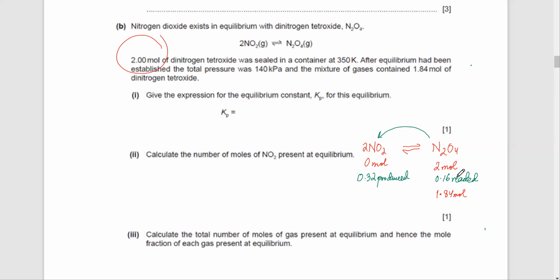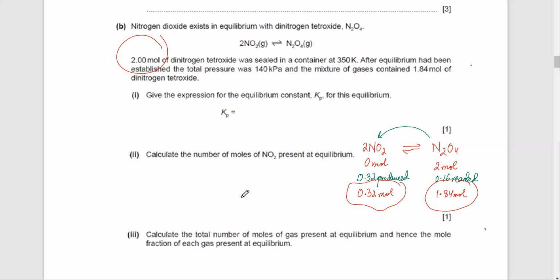So that means 0.16 got reacted, 0.32 are going to be produced, and at equilibrium, it's also going to be 0.32. So these are your equilibrium moles. Is this part clear so far? Yes or no? Is this clear? Yes. Yes.